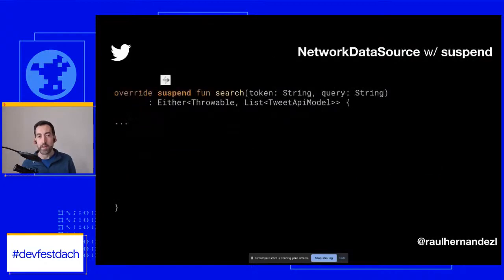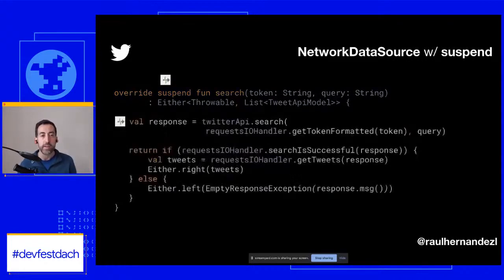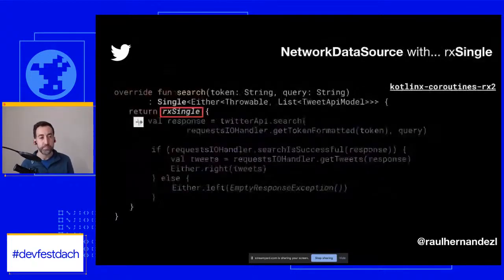If we want to do the same with coroutines, then I have a suspend function because this is a one-shot operation. And then I use something called Either, that is from the Arrow library. You can use perfectly well Kotlin's Result that is equivalent. But basically here, what I am trying to do is passing in the right the good results, that's the tweets that we got from the network, or if we have any exception, just dropping this into the left side. Otherwise, in the right, we'll have those tweets. Something as simple as that.